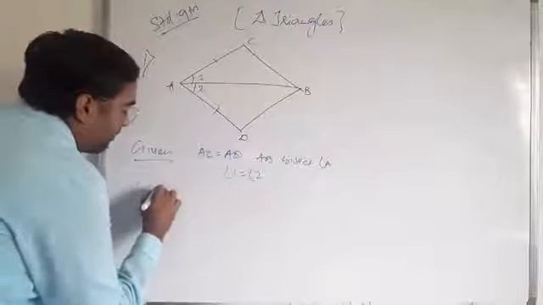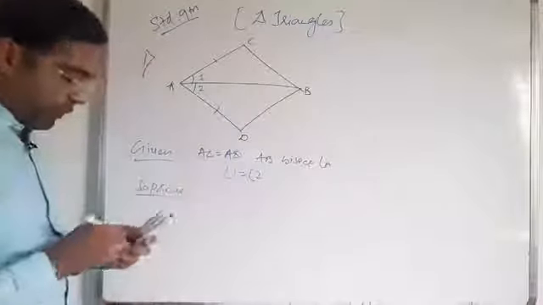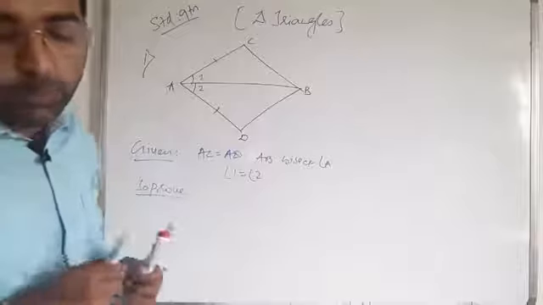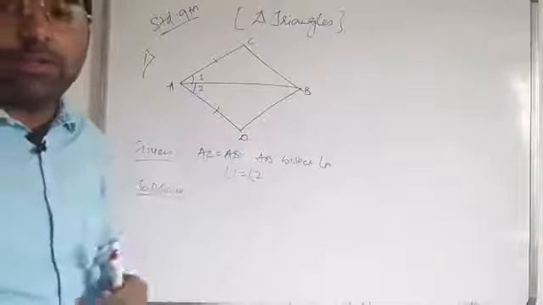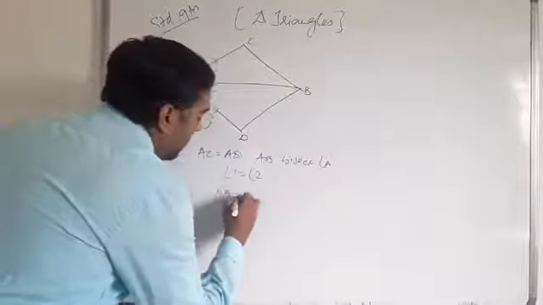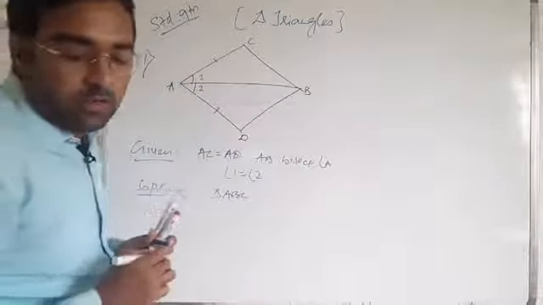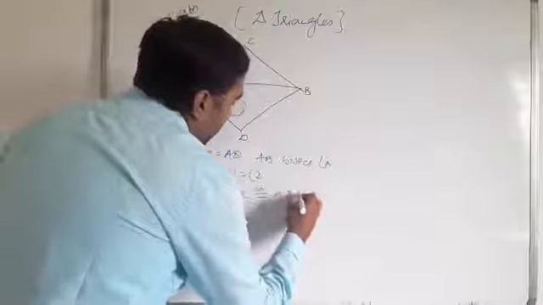To prove, what do we need to prove? We need to show that triangle ABC is congruent to triangle ABD.